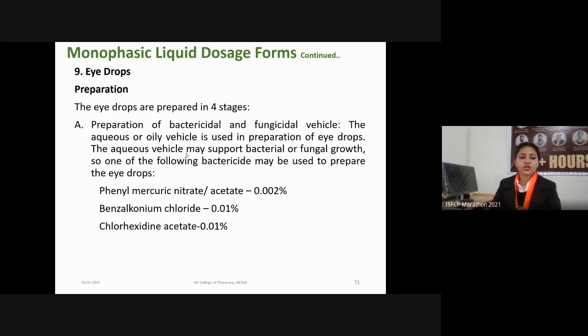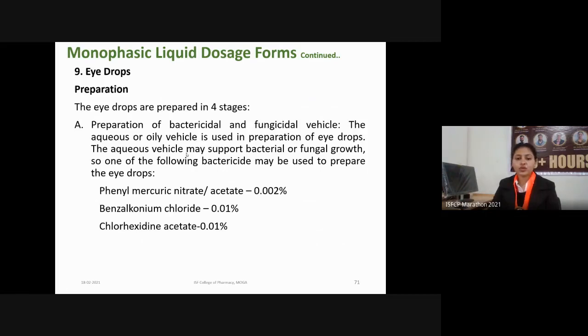For the preparation of eye drops, there are 4 stages. The first stage is to prepare a bactericidal and fungicidal vehicle. For that, an aqueous or oily vehicle is used in the preparation of the eye drops. The aqueous vehicle may support bacterial and fungal growth. So, the following bactericidals may be used.